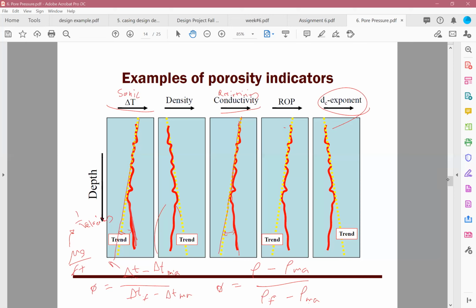No? Burst, collapse, tension, any of these designs uses the pore pressure? Well, remember, for burst pressure calculations, what you do is you multiply your pore pressure by the design factor, and that is your burst pressure.